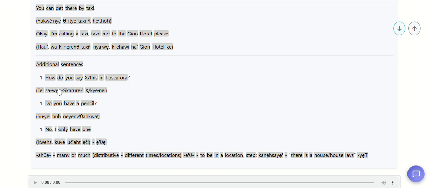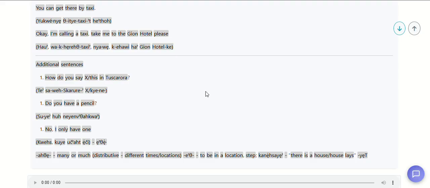Now, for some of these additional sentences, like "do you have a pencil?" or "how do you say this?" So sawe scarure, to say or to talk Tuscarora. Basically it's just saying, how do you express this in Tuscarora? So speaking Tuscarora is a verb.